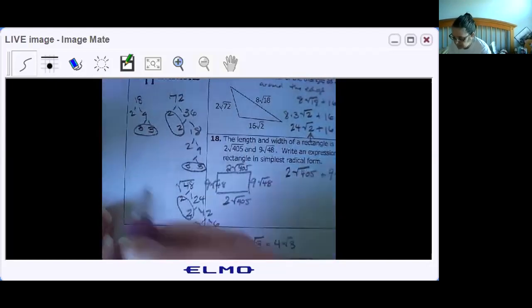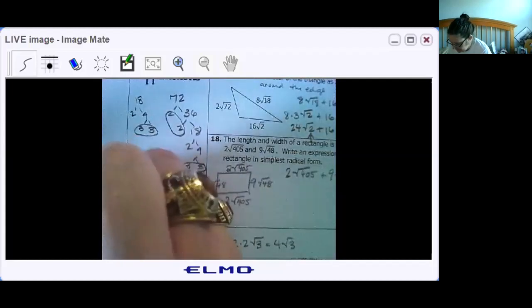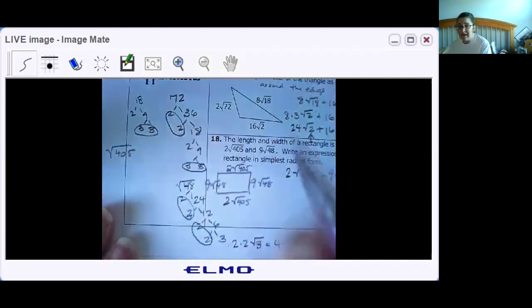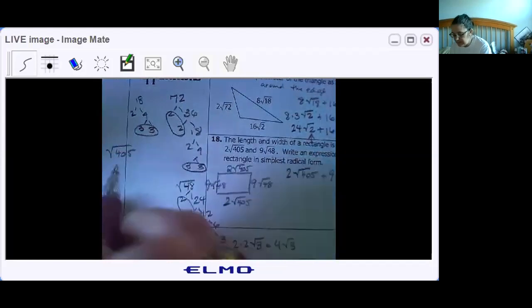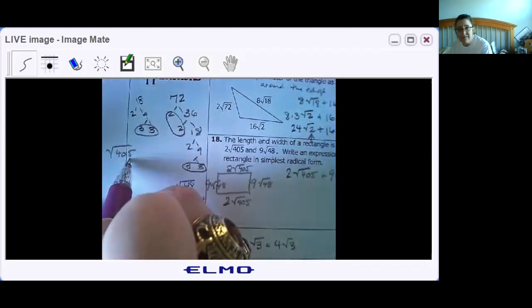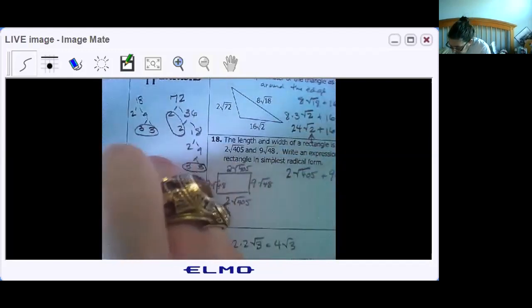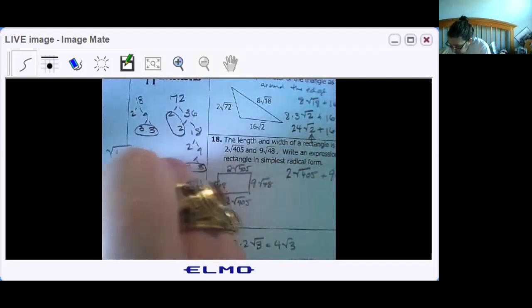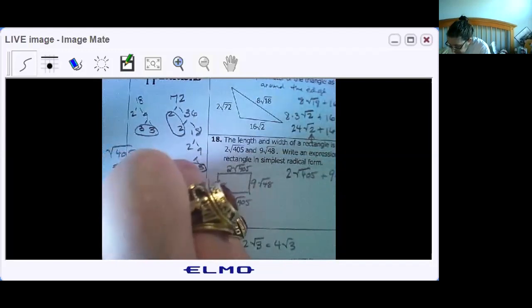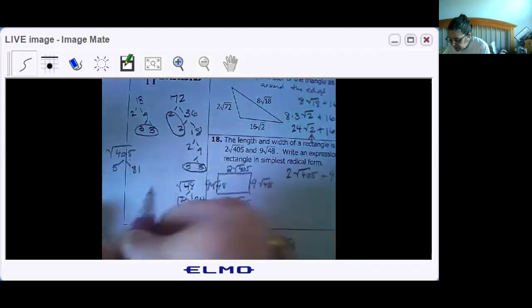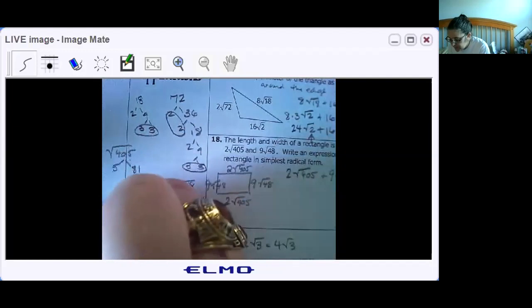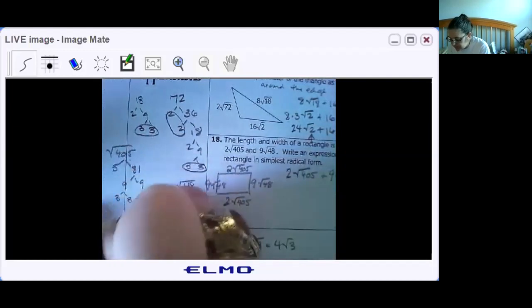Now we're going to do 405. Well, it's not even, so I can't divide by 2, but it gives us a nice hint here. It ends in 5, which means it has to be divisible by 5. 5 goes into 40 8 times, 5 goes into 5 once. Okay. 81 is 9 times 9, and 9 is 3 times 3.